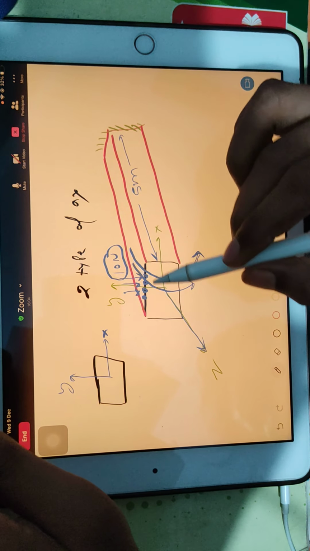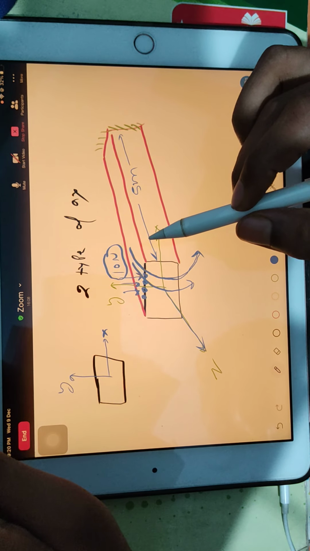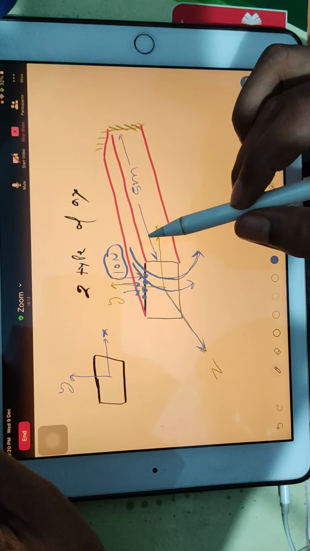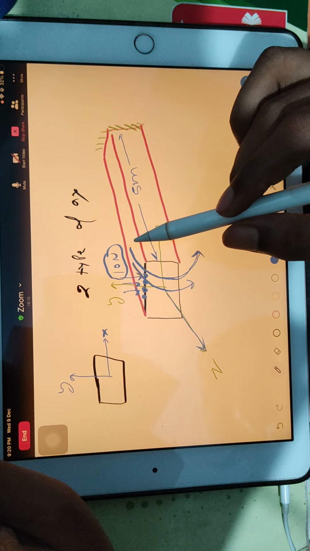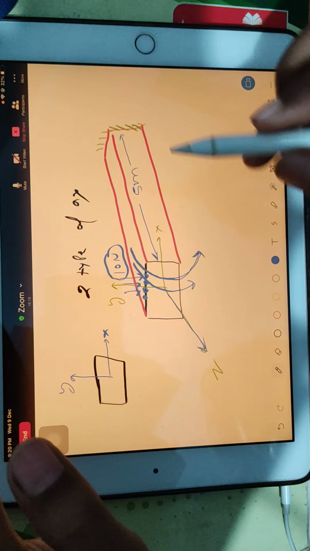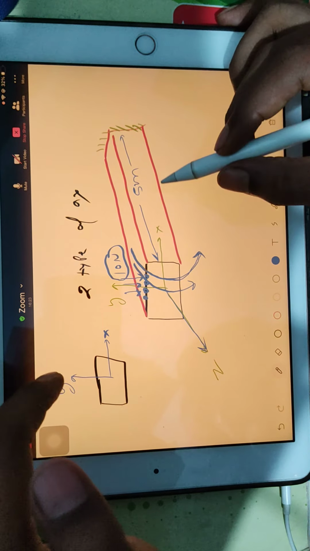Okay, so you are still be same. Yes, they will still be same because it is the cross-sectional property. See, you have asked very good question.